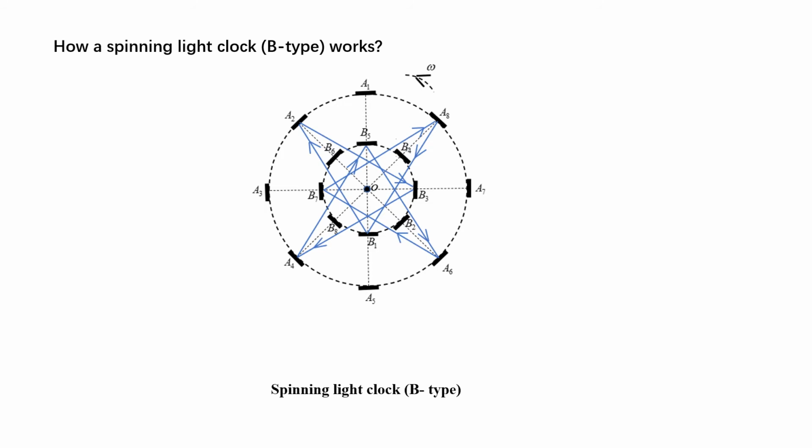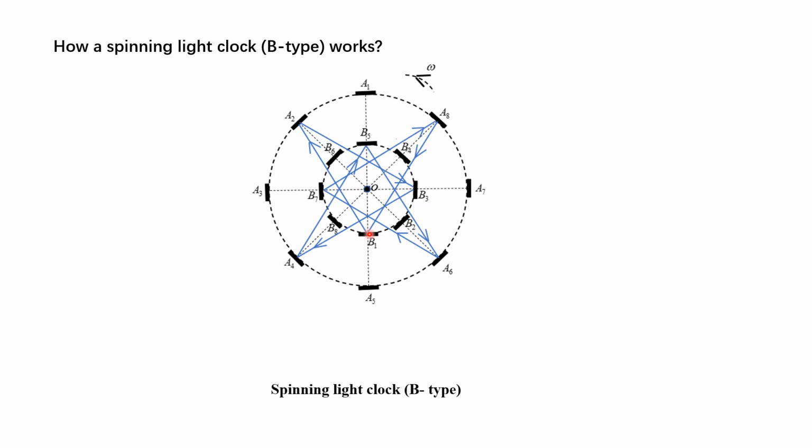Here we talk about how a B-type spinning light clock works. Initially, the photon is at the position B1. If the clock is in the stationary state, next the photon will go up and hit the top mirror at A1, and then to B1, and then to A1, and then to B1, and so on. This constructs a stationary light clock.